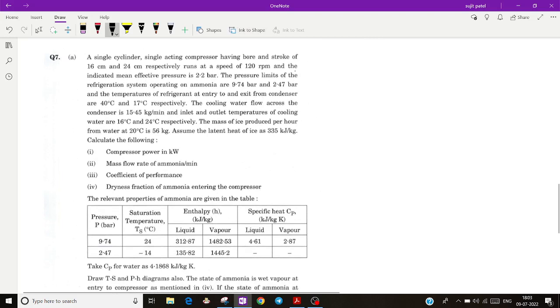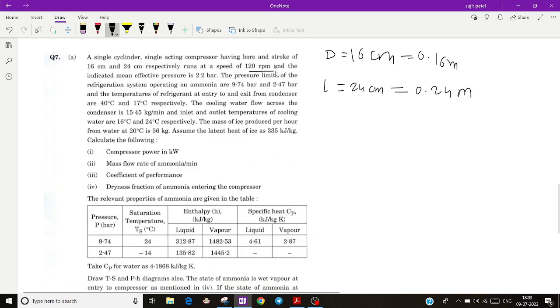A single cylinder single acting compressor having bore diameter D, that is 16 centimeter, that is 0.16 meter, and stroke length 24 centimeter, that is 0.24 meter, running at 120 rpm.